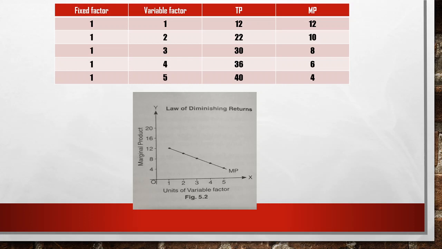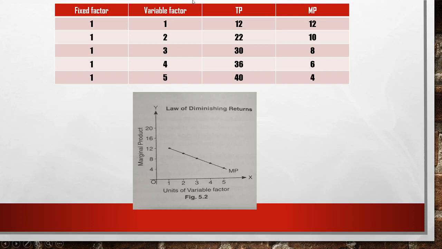This is the table which explains the law of diminishing return, and this is the diagram. In this diagram, the x-axis measures the units of variable factor and the y-axis measures the marginal product.